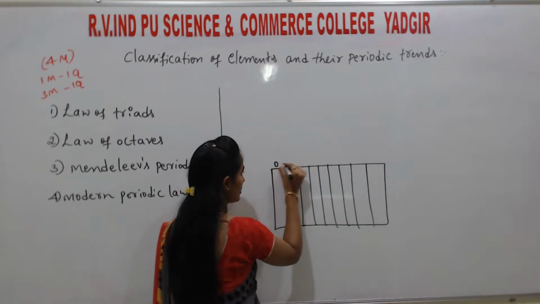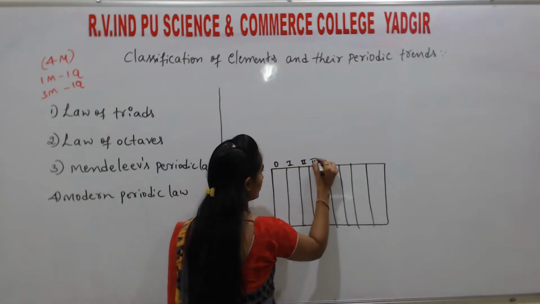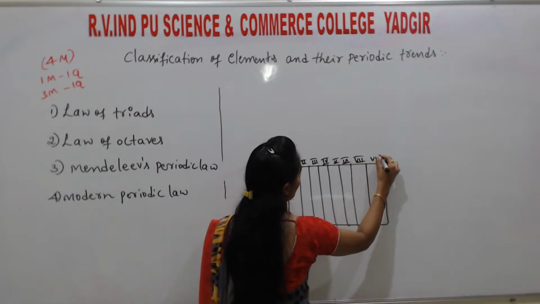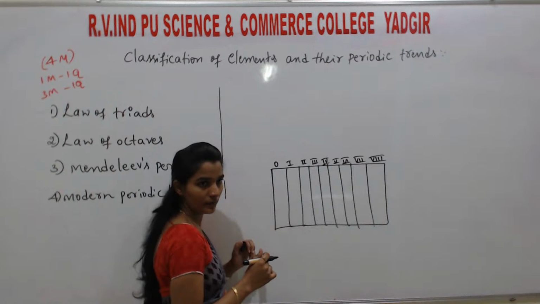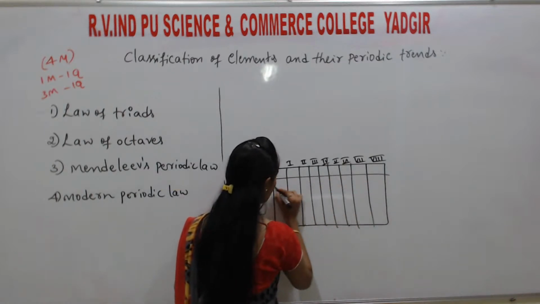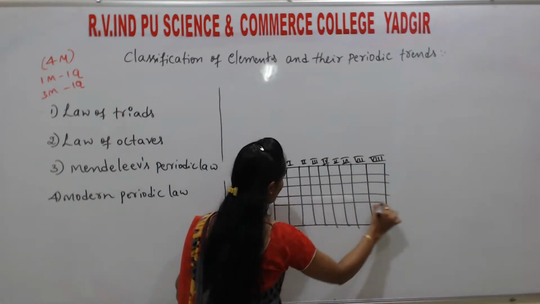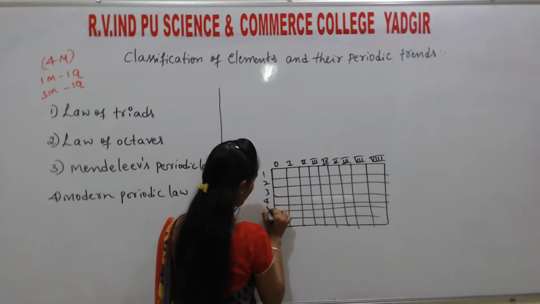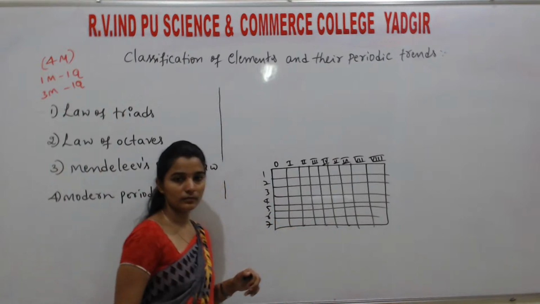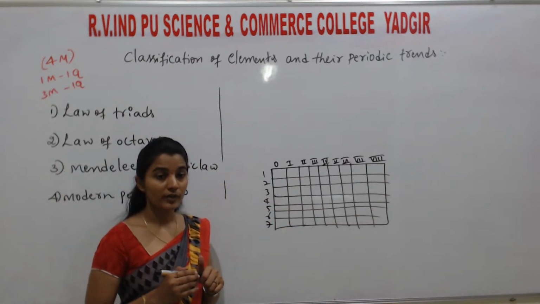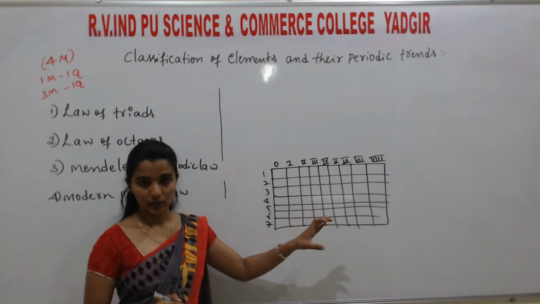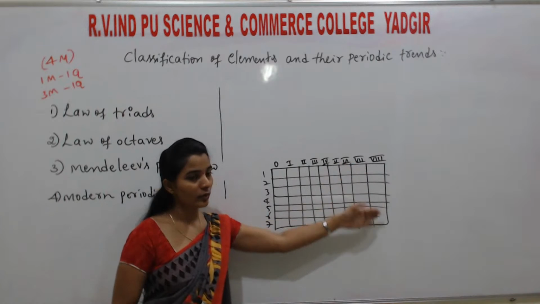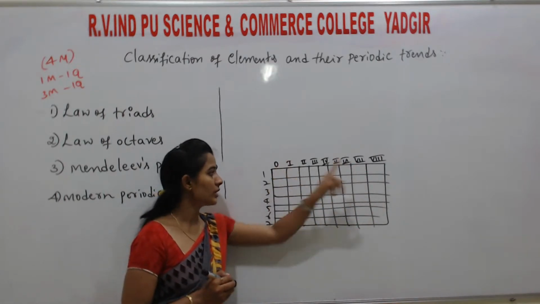Here start from 0, 1, 2, 3, 4, 5, 6, 7, 8. And 1, 2, 3, 4, 5, 6, 7. So first you frame a table with 7 series, 7 horizontal rows and 9 vertical columns with the numbers 0 to 8.